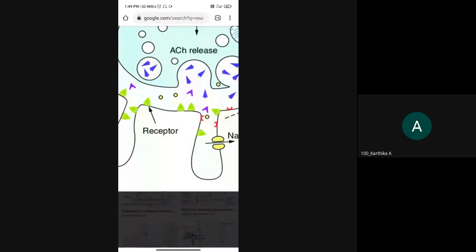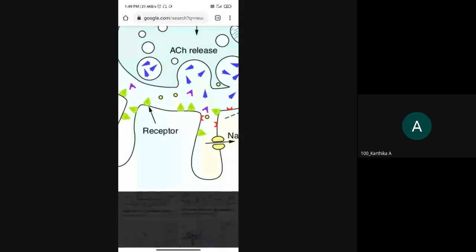For these receptors to be in close proximity, we have certain proteins, and those proteins are muscle specific kinase, and another protein named LRP4, which is a low density lipoprotein receptor related protein.